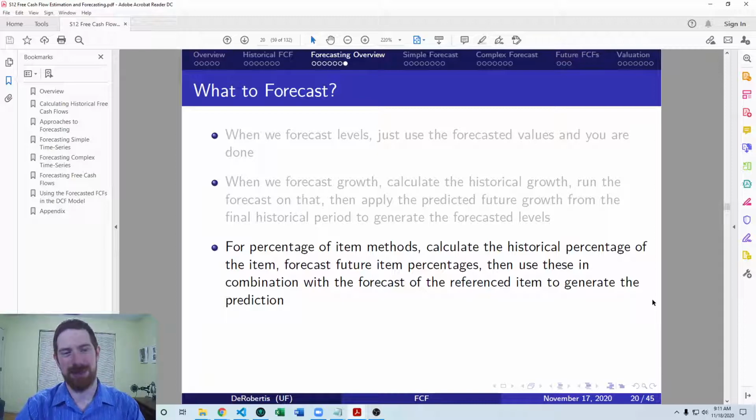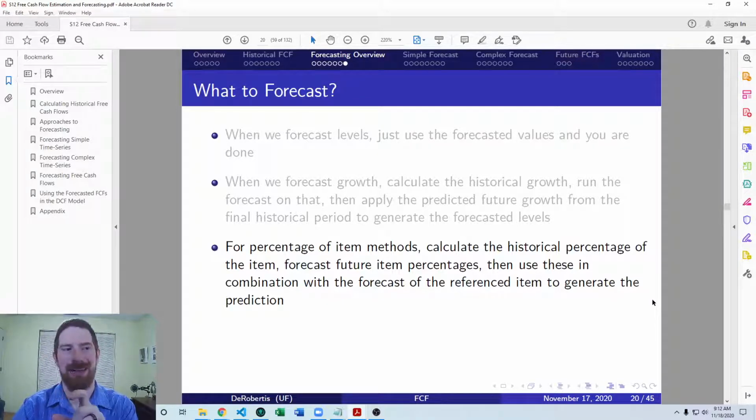Most commonly, people just use the recent value or historical average approaches, but again, you would want to go through the same kind of evaluation of the historical data to determine which method to use. But you calculate the historical percentage, so you divide, say, cost of goods by sales in the historical periods. That will get you the historical percentage.